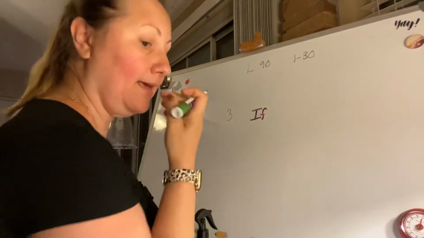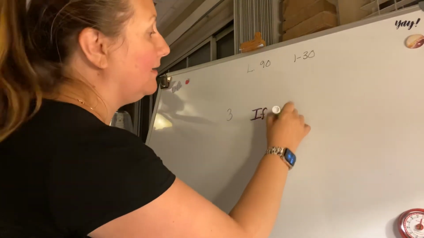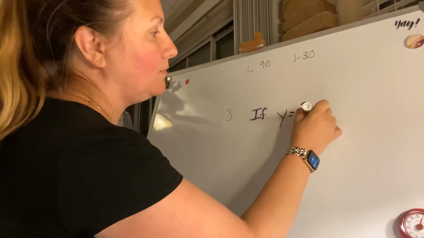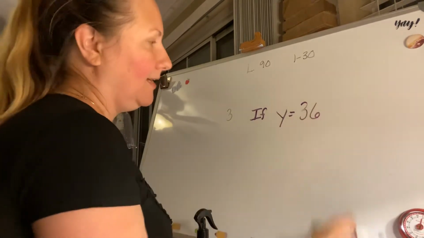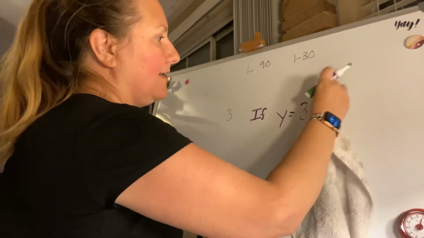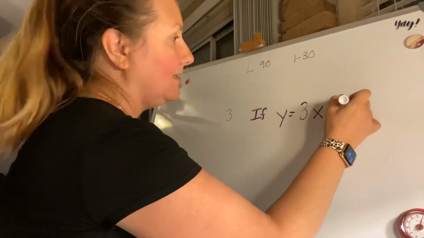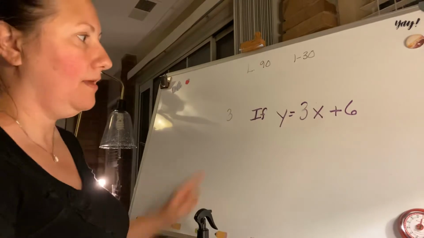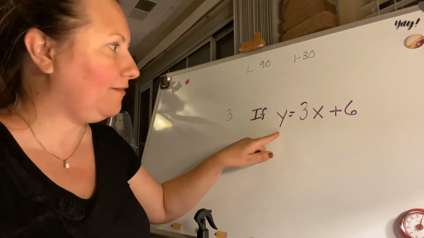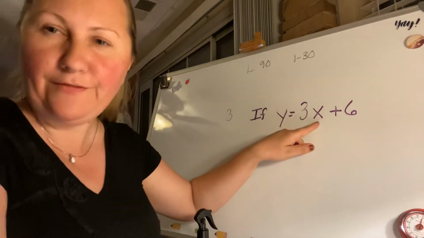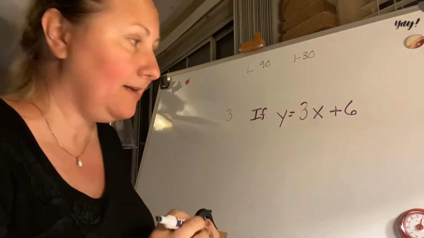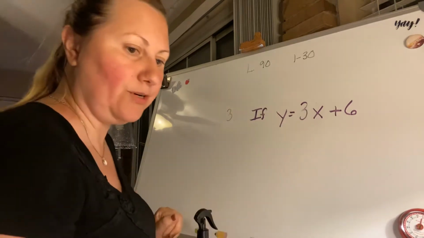This one says, if y equals 3x, oops, I wrote 3/6 instead of 3x. You gotta watch that. 3x plus 6, okay, then what is y? Well, we're still solving for y, but we're going to find out what x is in all 3 times we're going to do this.